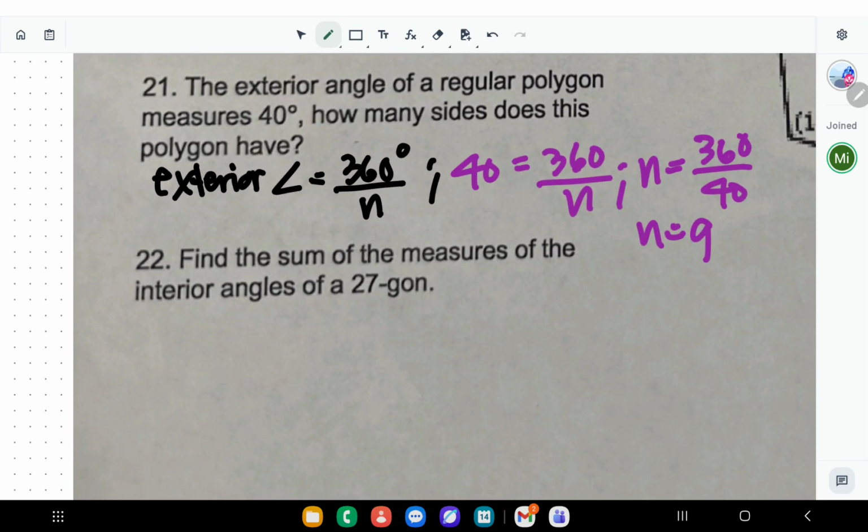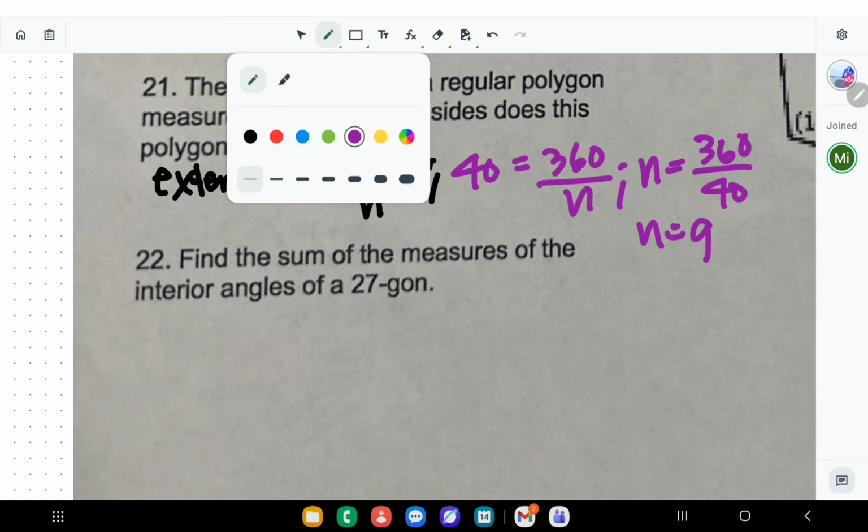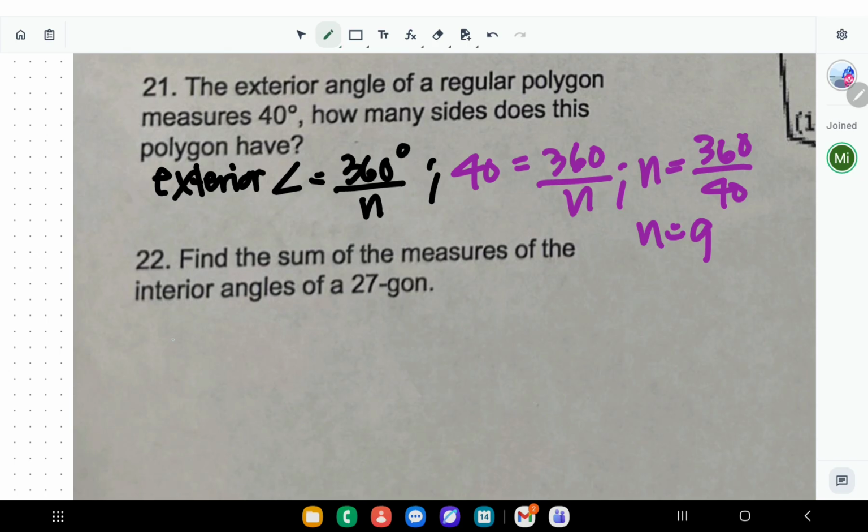Then number 22, find the sum of the measures of the interior angles. So how do we solve for the sum again? Sum of interior angles.